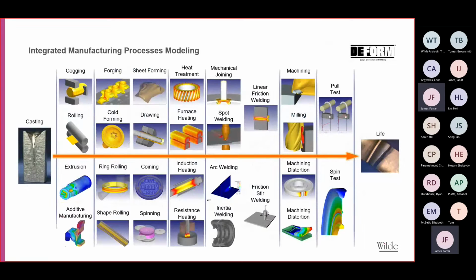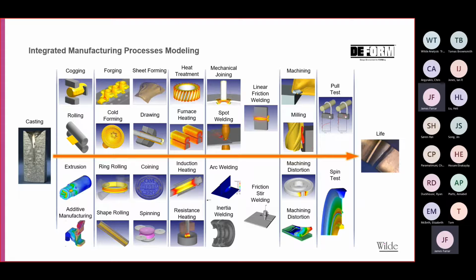And when we apply these kinds of applications, we're really trying to look at what's happening to the material across the whole process chain. So we might start from initial primary processing applications such as cogging, rolling or extrusion, and then look at secondary applications such as forging, and possibly cold forming applications like drawing, coining or spinning.